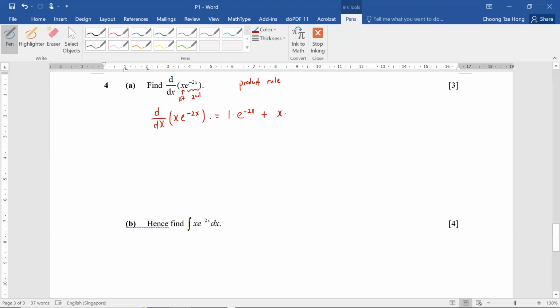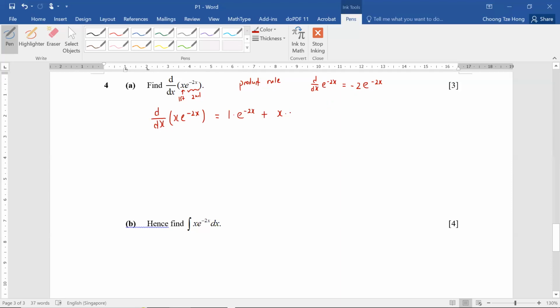You'll leave the first term untouched and differentiate the second term. To differentiate e to the power of negative 2x is very easy. The e to the power of negative 2x remains the same, but now you find the derivative of the power. If you differentiate negative 2x, you'll get negative 2, and you just multiply it in front.